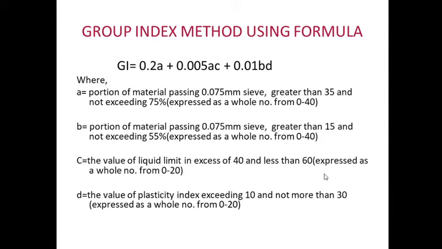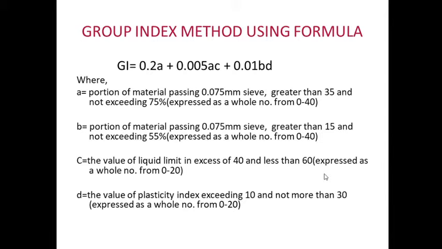C is the value of liquid limit in excess of 40 and less than 60%, expressed as a whole number 0 to 20. D is the value of plasticity index, which we already discussed is liquid limit minus plastic limit, exceeding 10 and not more than 30, expressed as a whole number from 0 to 20.